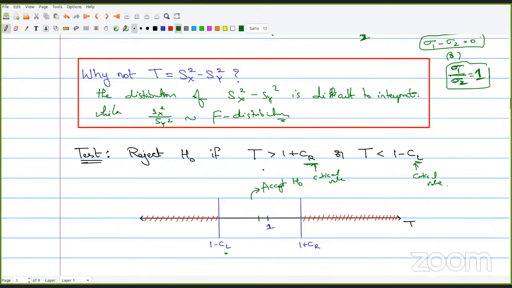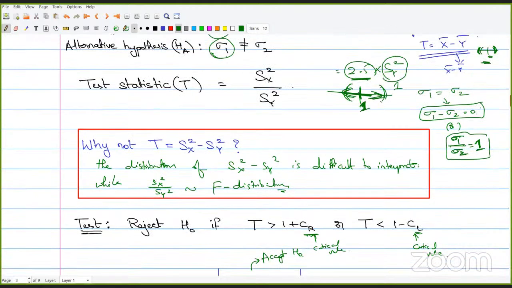So the acceptance region, what I am saying is this Sx square by Sy square. We are comparing the variances. So if Sx square by Sy square is very near to 1, either on the left side or the right side, we intend to accept null.